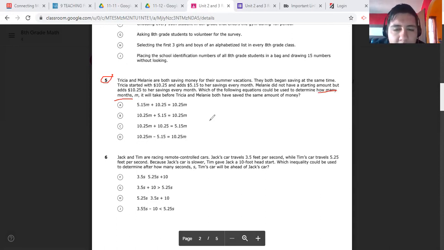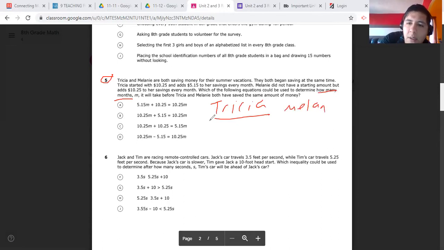I think there's a couple of key things here, okay? So let's start with Tricia. So what are some of the key things that Tricia has, I guess you could say? We both know that they both started saving at the same time. But what did Tricia start off with?